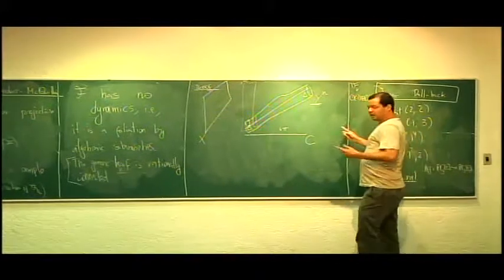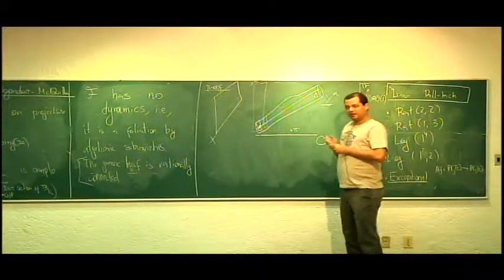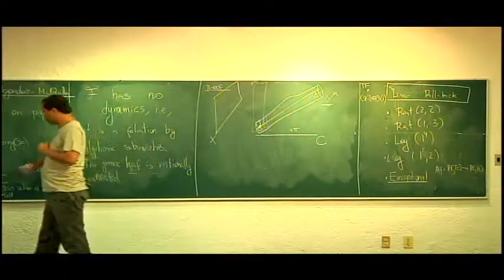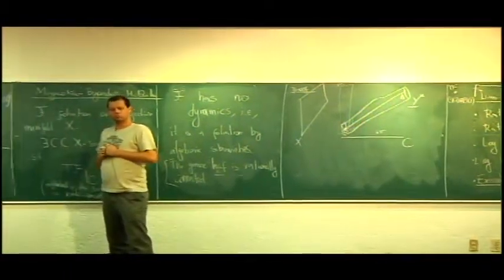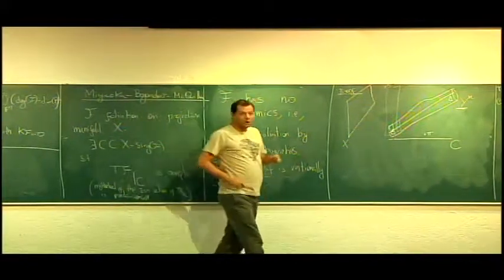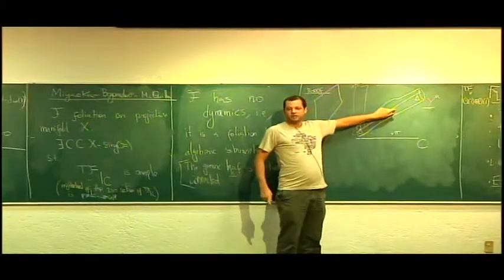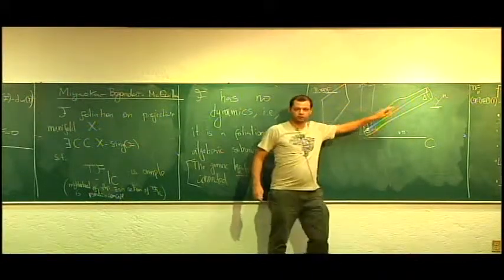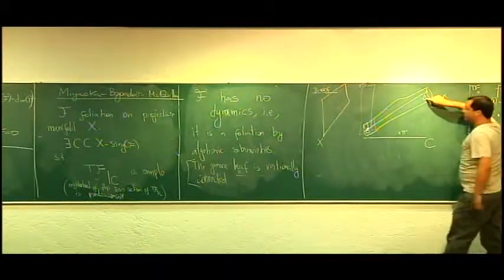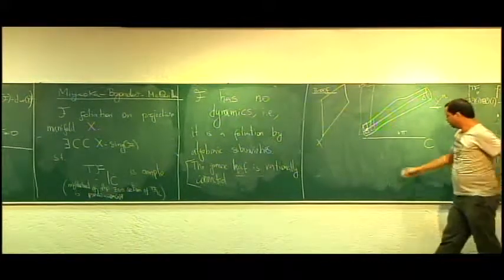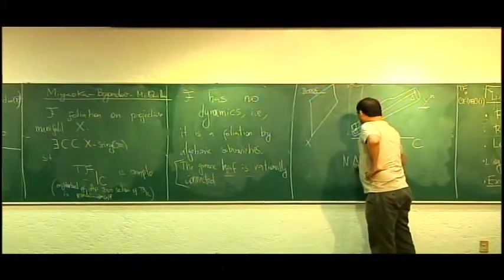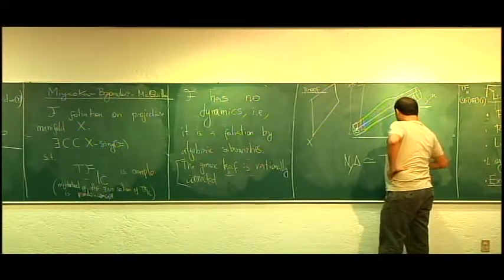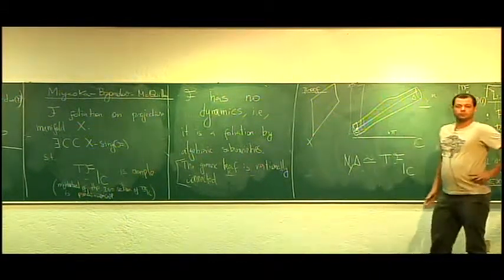But the nice thing about this construction is that it translates a problem about the tangent sheaf of this foliation to a problem about the normal bundle along the diagonal. So if we do the obvious identification of the diagonal with C, then the normal bundle of delta in Y is the tangent sheaf restricted to C. Right?